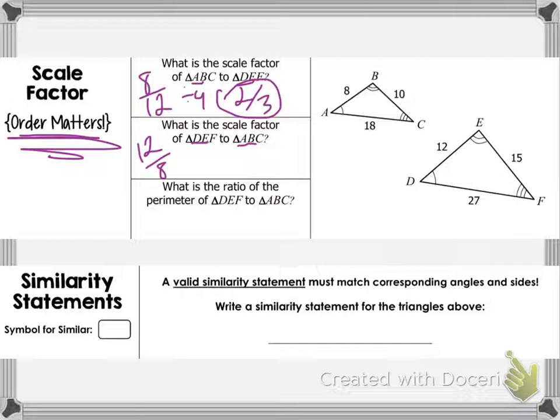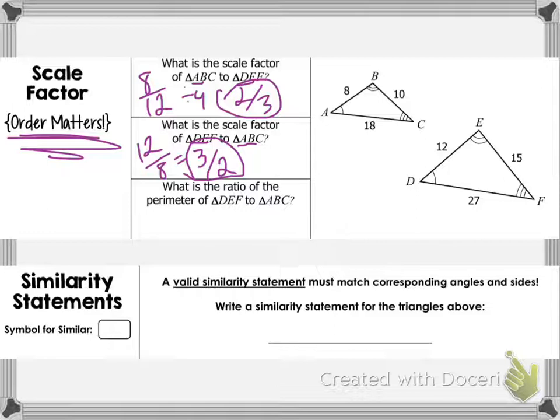Once again, we can simplify it. We already know that 4 goes into both numbers. So 12 over 8 is just going to simplify to 3 over 2. So this is what they mean when they say the order matters. They're talking about the order of the letters within the triangle, and then the actual order of the triangles. It all matters.